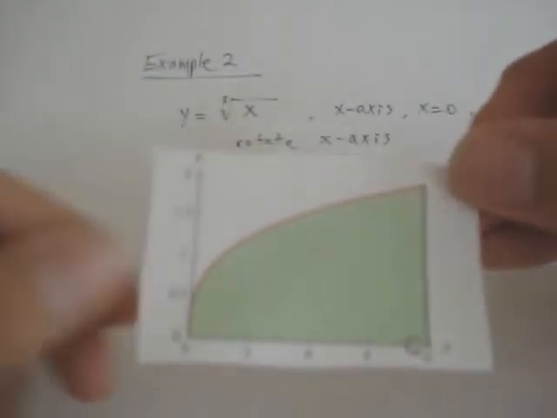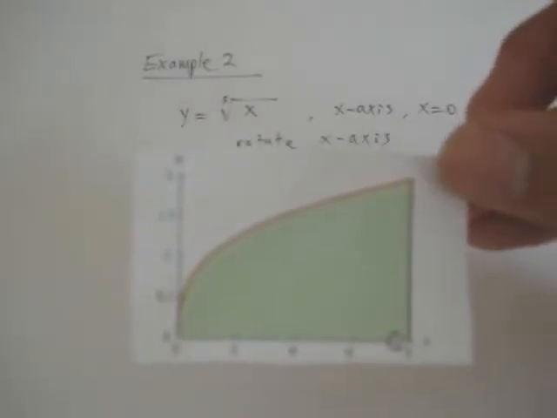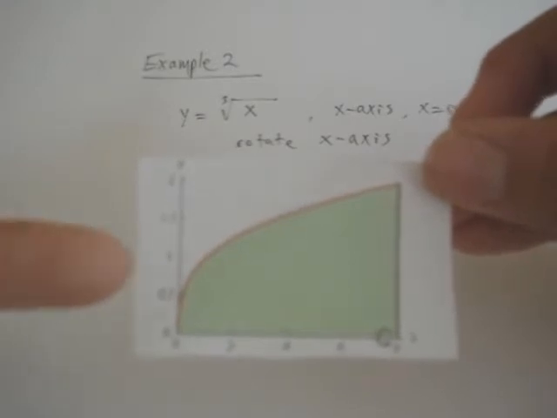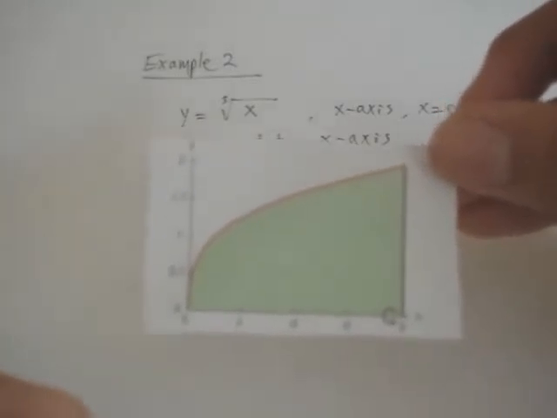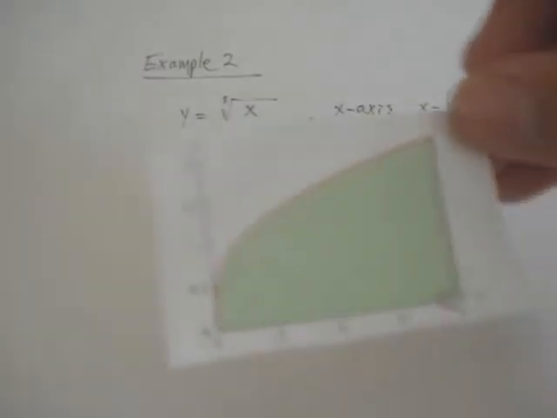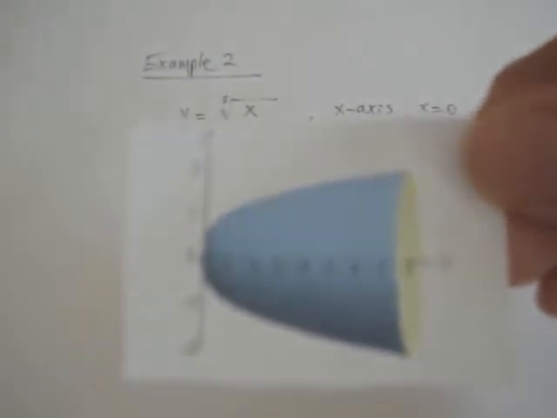Here's what it will look like when you graph it in a computer program or use your graphing calculator. Now, when it's rotated about the x-axis, it will look like some sort of cone, which looks like this. Now your job is to find the volume of this figure.